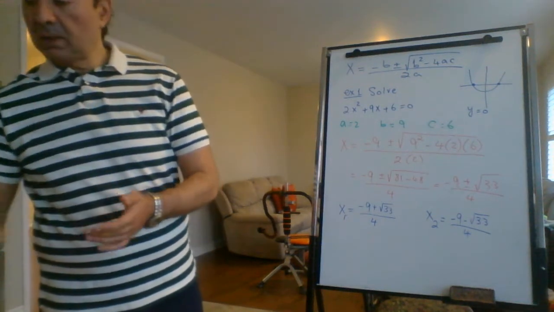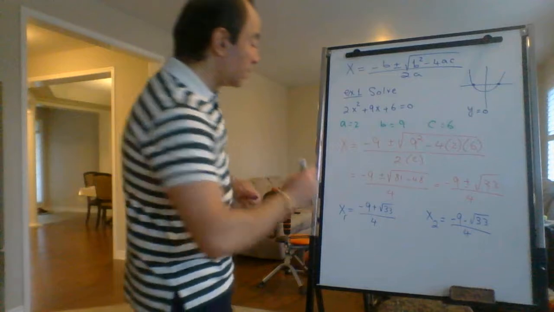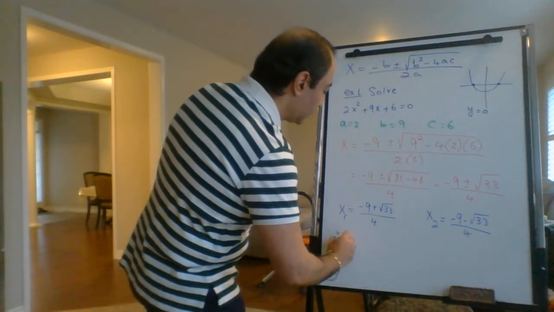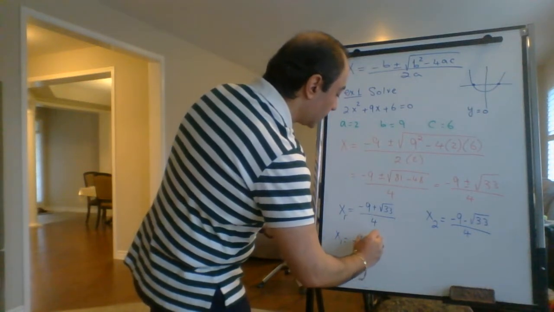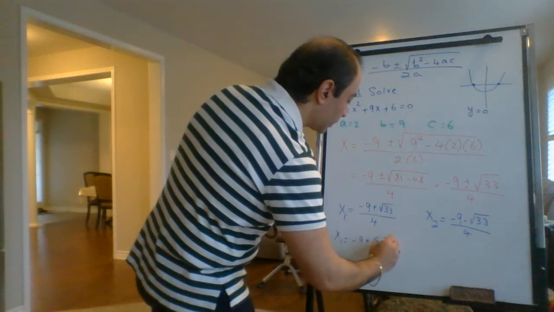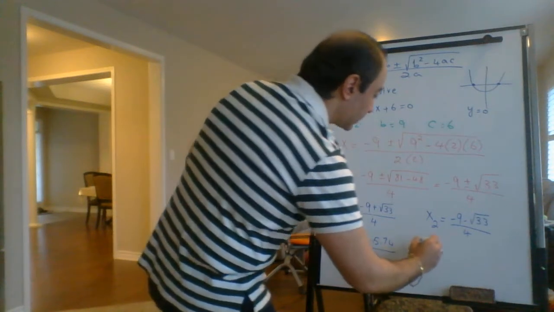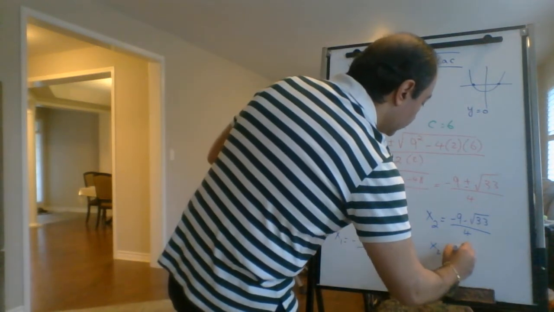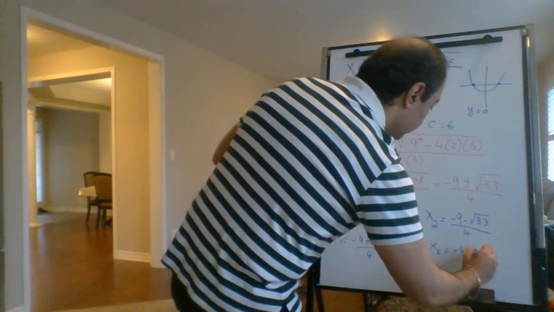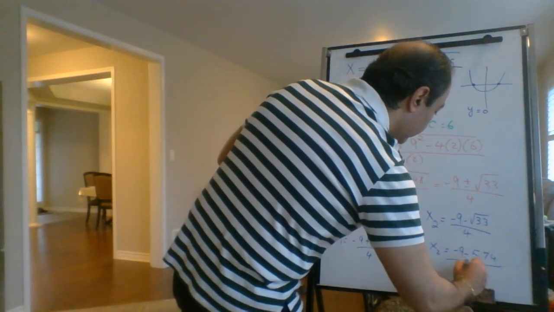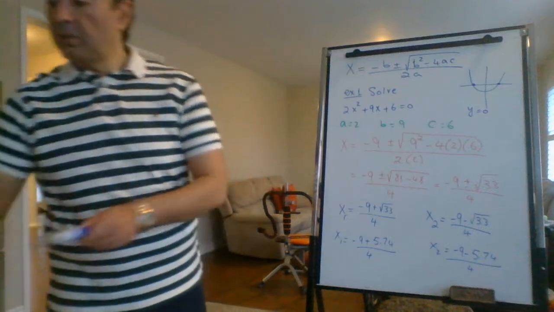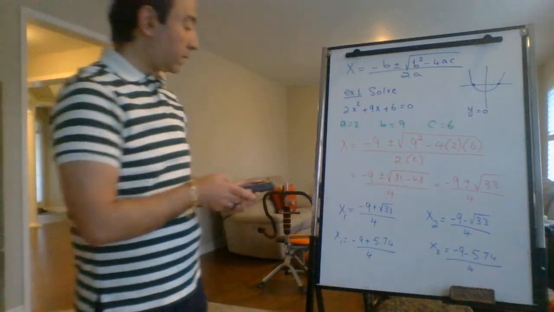So we can say 5.74. So the first one will be negative 9 plus 5.74 over 4, and the second one will be negative 9 minus 5.74 over 4.